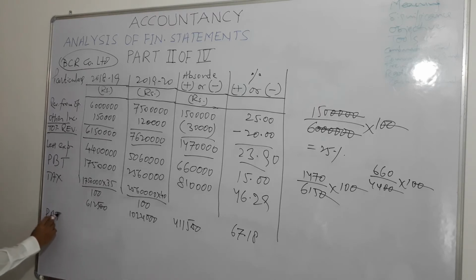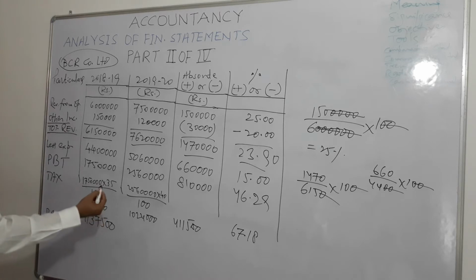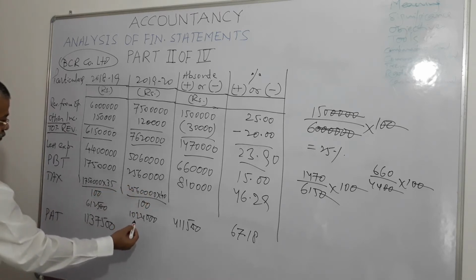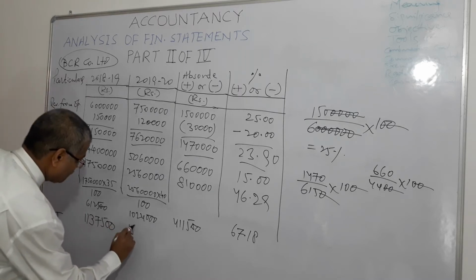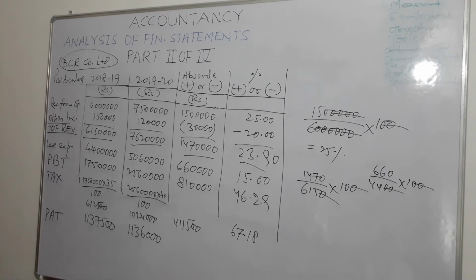And what do we get here? Profit after tax, PBT minus tax. 17,50,000 minus 6,12,500 is 11,37,500, and here it is 2560 minus 1024, 15,36,000. 11,37,500 is correct, 15,36,000 is correct.